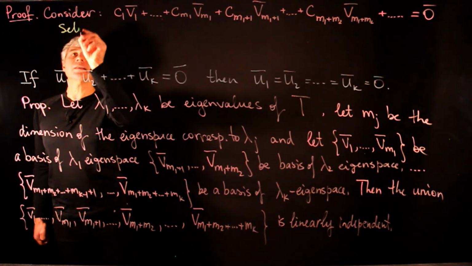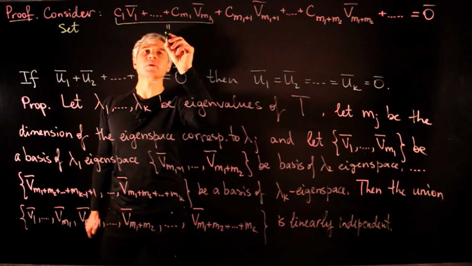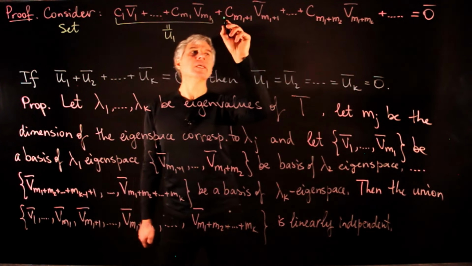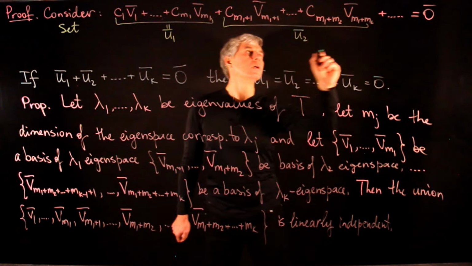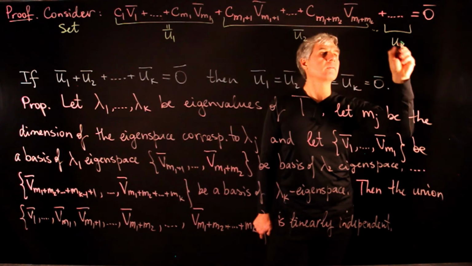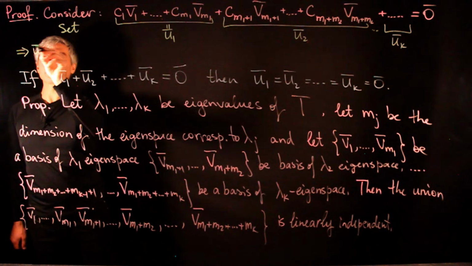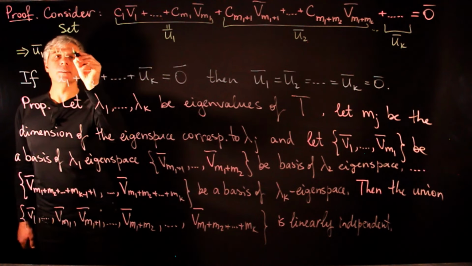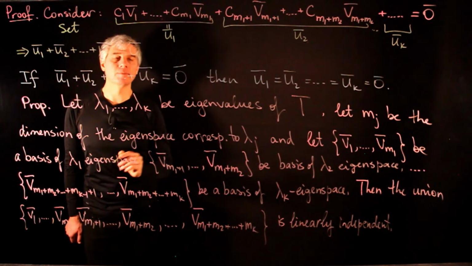Next, we set this group, this sum, to be u1, the next sum to be u2, and so on, and the last sum to be uk. Then what do we have? So we have u1 plus u2 plus uk is equal to the zero vector.